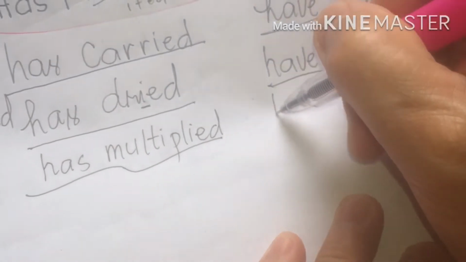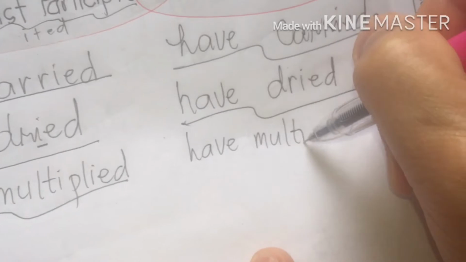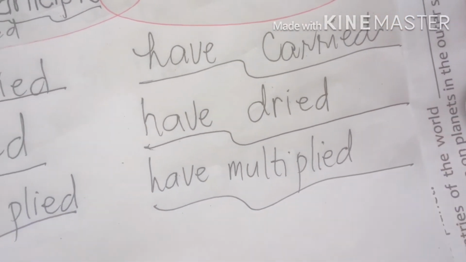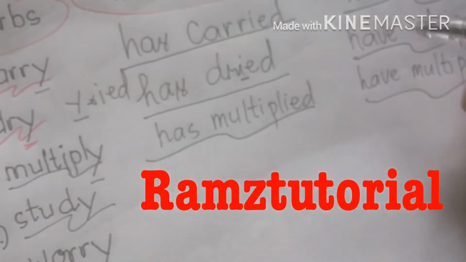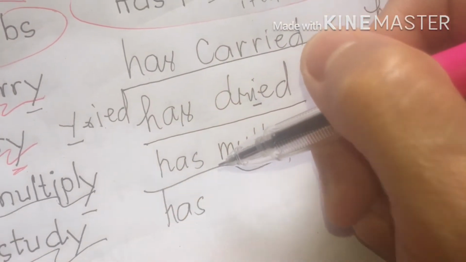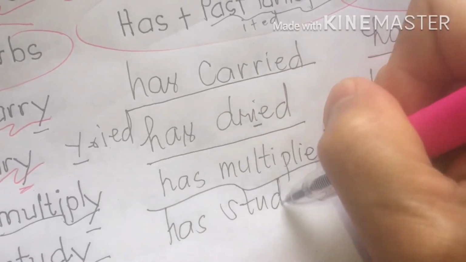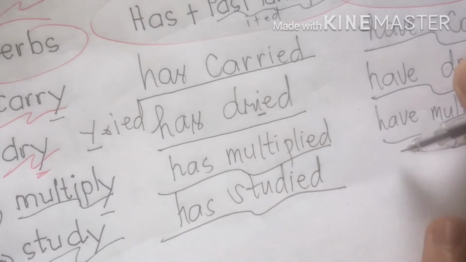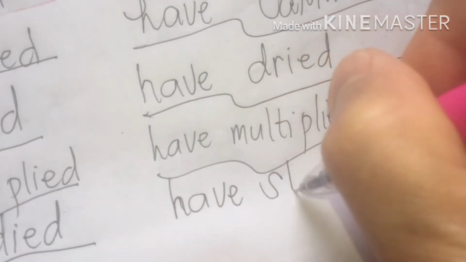Then have multiplied. That's it, my dear pupils. Next, study. We're going to write has, then the past form studied, change y to I and add ed, class, studied. Next, have studied.